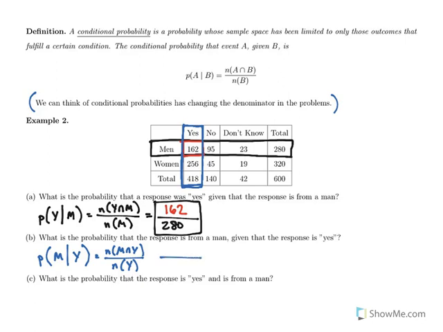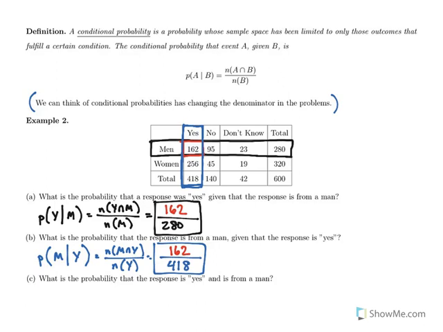So the intersection is still 162. But now the number of things total, there are 418 total yeses. And we're now saying that out of the total yeses, 162 of them were men. So these give us more information about these probabilities, kind of looking at just a subsection of the sample space.